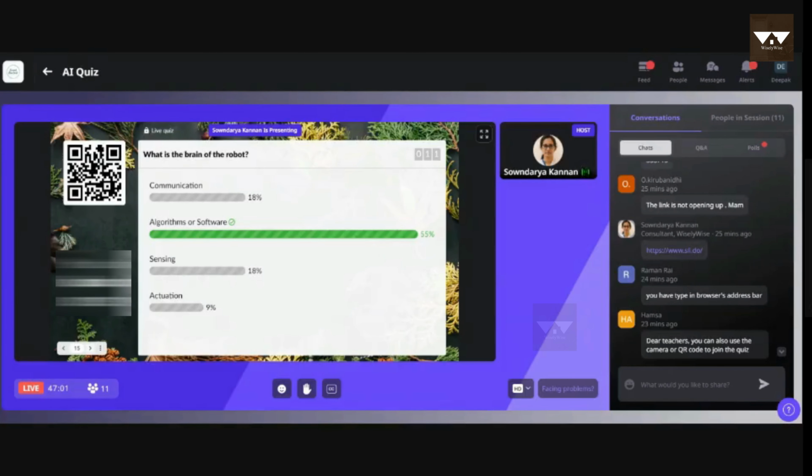Sensing is used to check whether something is coming up, as in a self-driving car: it detects the obstacle. And you know what actuation is? So algorithm or software is the main brain of the robot, in which it knows what to do well. And there is a next question for you.